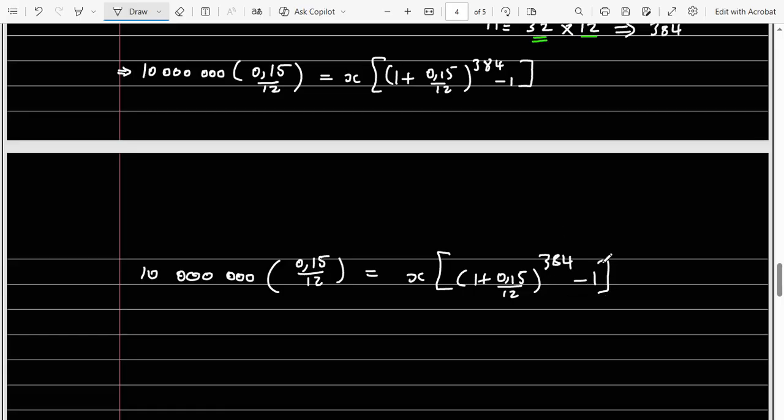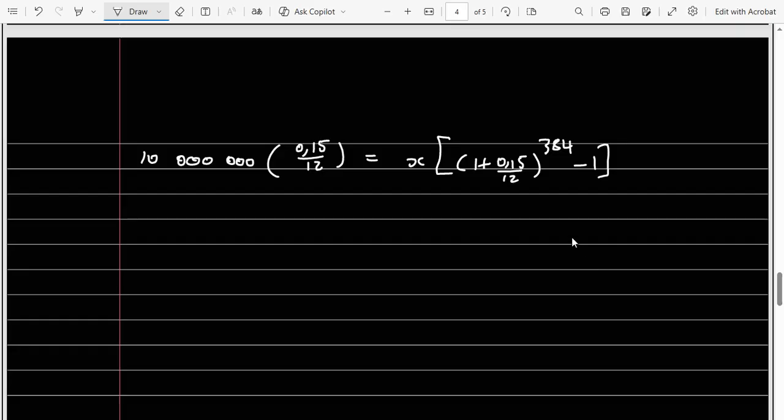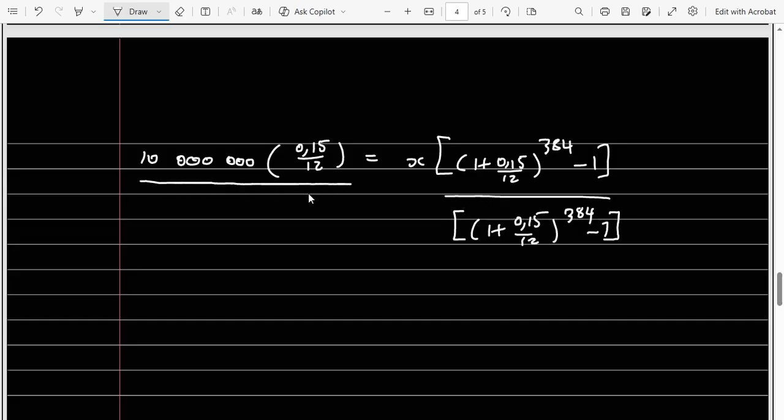He was like, divide now both sides by that, 1 plus 0.15 over 12, to the power 384 minus 1. And if you do this, there's no way you're going to get your X wrong, because most of the time the issue is rounding off.